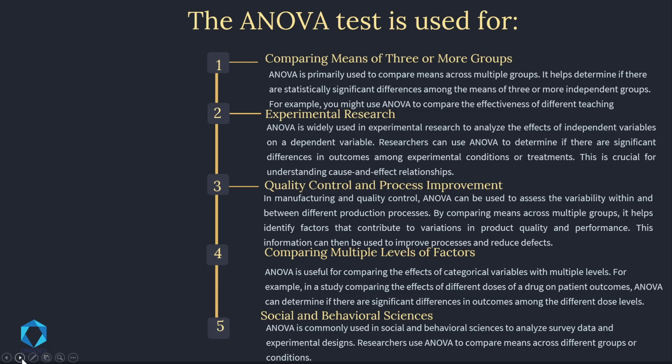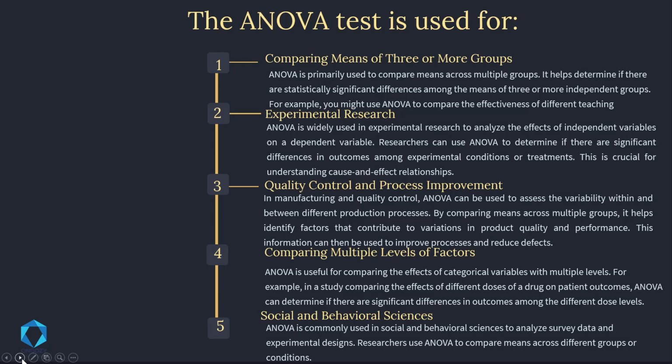ANOVA is widely used in experimental research to analyze the effects of independent variables on a dependent variable. Researchers can also use ANOVA to determine if there are significant differences in outcomes among experimental conditions or treatments. It is very crucial in understanding cause and effect relationships.